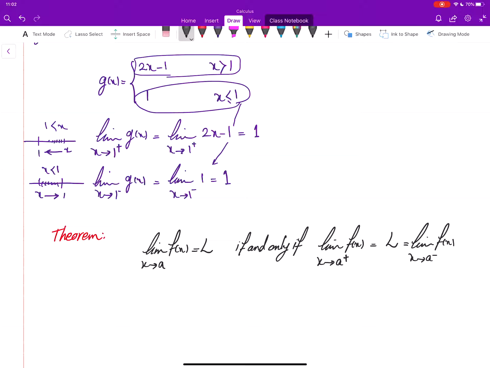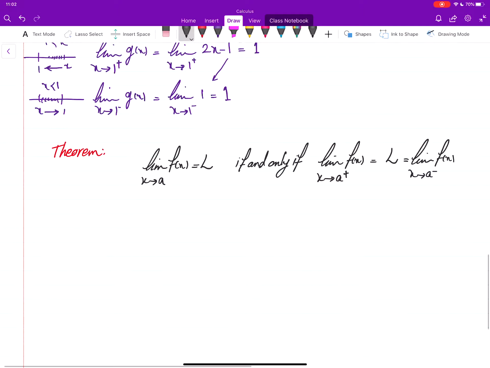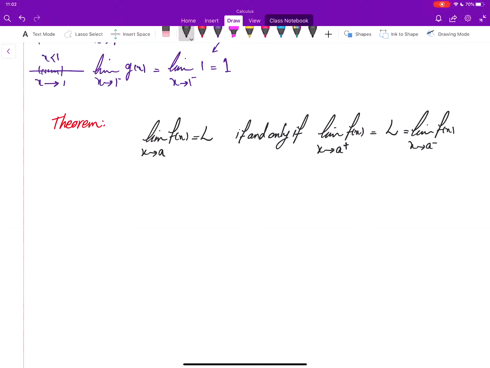And also you can use it the other way around. If the left limit exists and the right limit exists, but they are not equal, or one of these one-sided limits does not exist, then you can conclude that the limit does not exist.